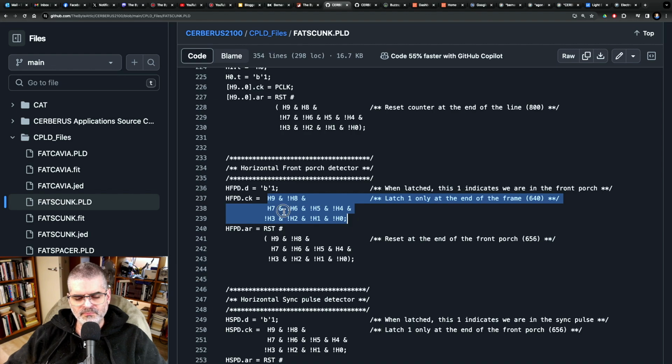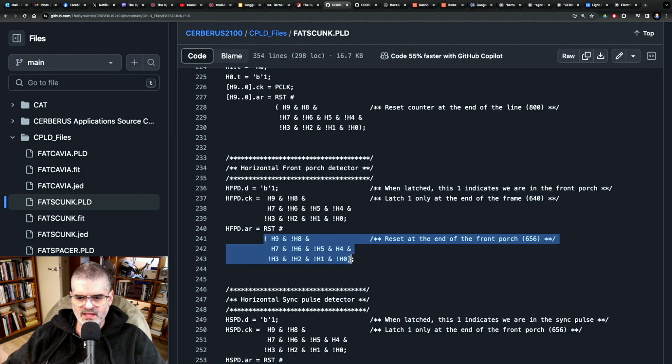If you decode the value of the horizontal counter corresponding to this, it's 640, which is the beginning of the horizontal front porch. And again, there is a global reset, or we reset at the end of the front porch, which happens when we count to 656, which is this combination of values in the horizontal counter.